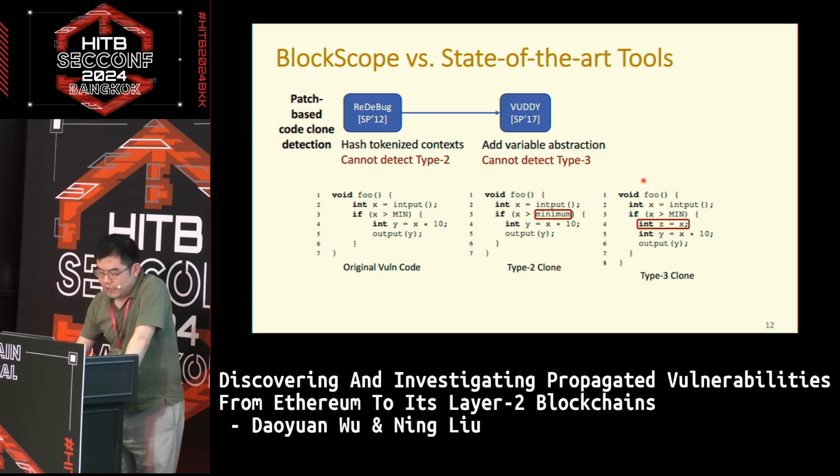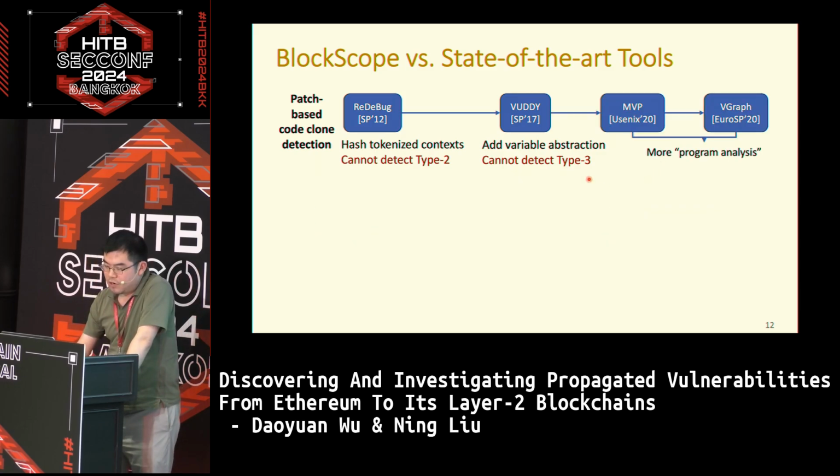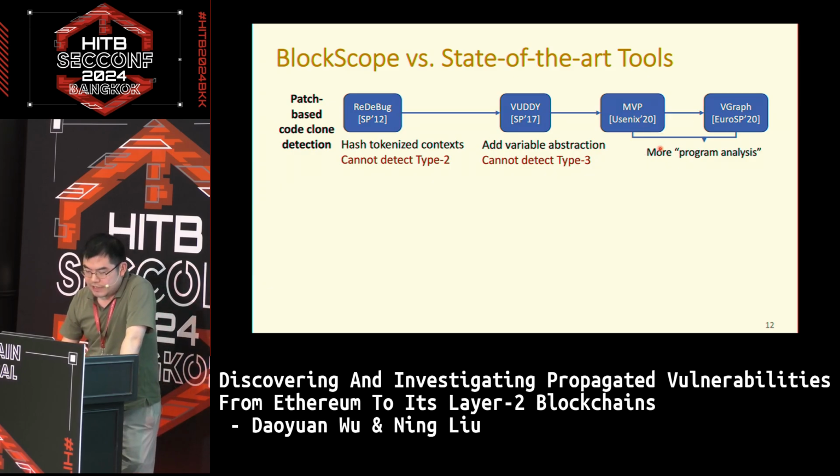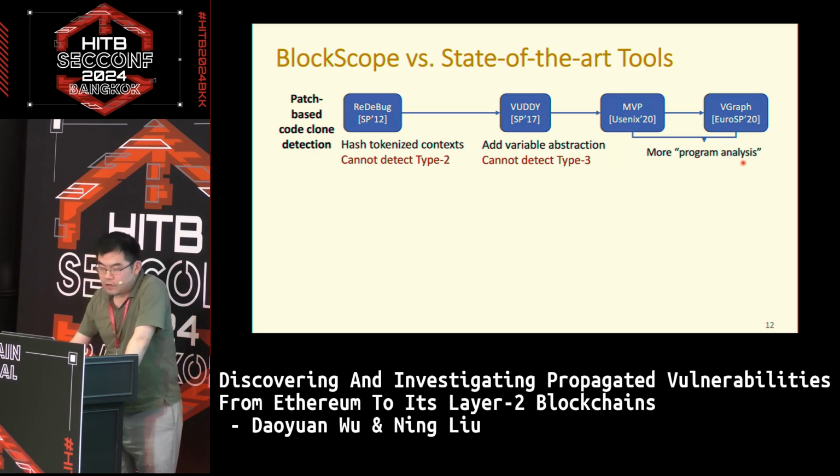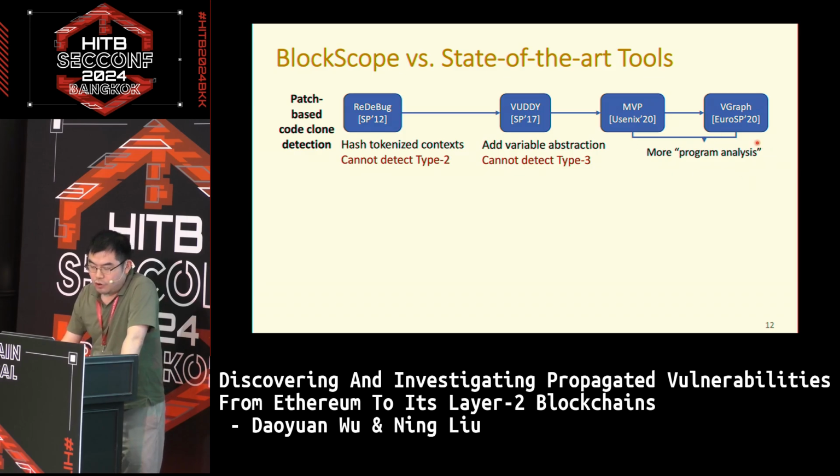So in order to handle this problem, there is some recent research that conducts more program analysis, such as calculating the control flow, data flow, those kinds of things, and incorporates such program analysis into their hash-based similarity comparison.